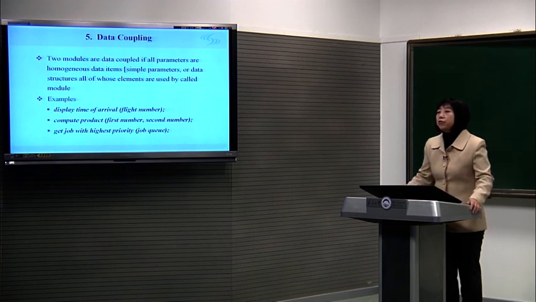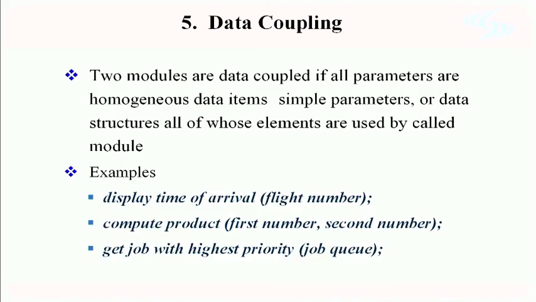Well, level 5, data coupling. Two modules are data coupled if all parameters are homogeneous data items, that means simple parameters, or data structures all of whose elements are used by the called module.